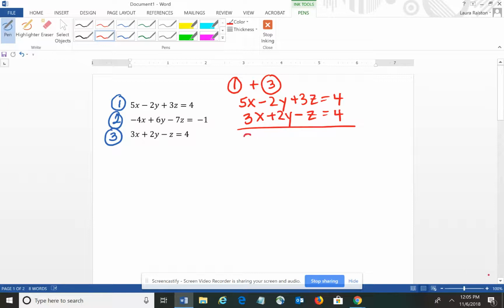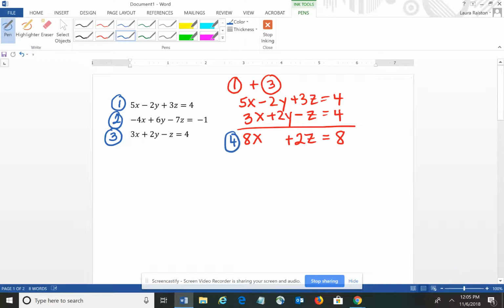Adding those together, I have 8x, minus 2y plus 2y goes to 0, 3z minus 1z is 2z, which is positive, and that equals 8. So we've created a fourth equation that only has 2 variables.